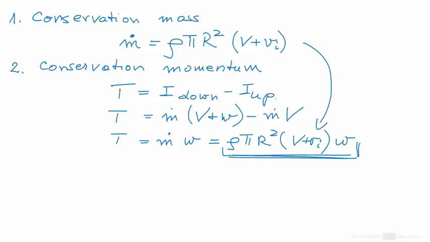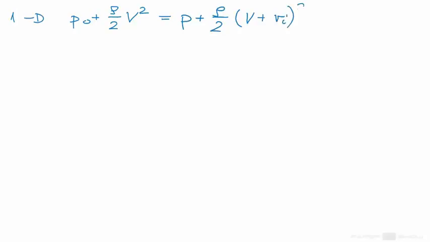Now, let's go further and try to write the Bernoulli relations between up, the rotor disk, and down in the wake. Between section 1 and the disk, we have the Bernoulli: P0 plus rho over 2 V squared equals P plus rho over 2 (V plus VI) squared.